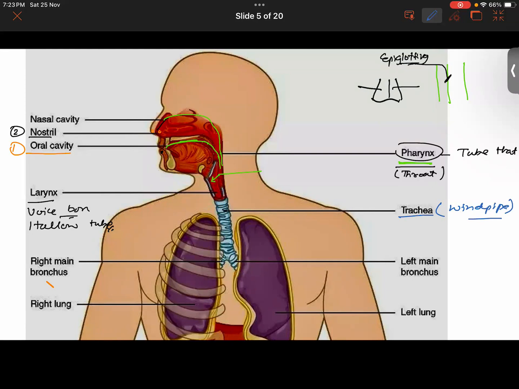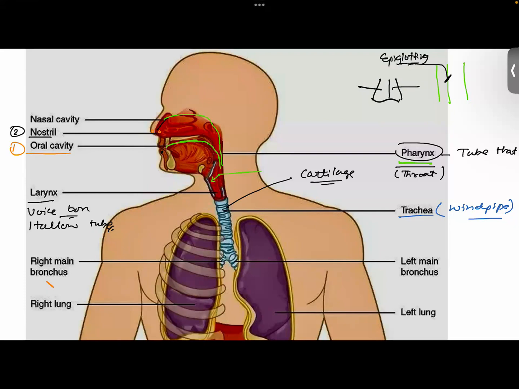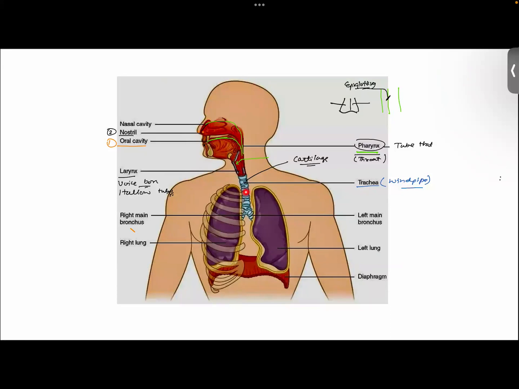The second thing is that it is made up of cartilage. So cartilage actually prevents the trachea from collapsing, from being crushed, right? They are ring-like. Sir, can you repeat? I couldn't hear you. Yeah, sure. I was saying that cartilage is a tissue that is elastic and very strong.